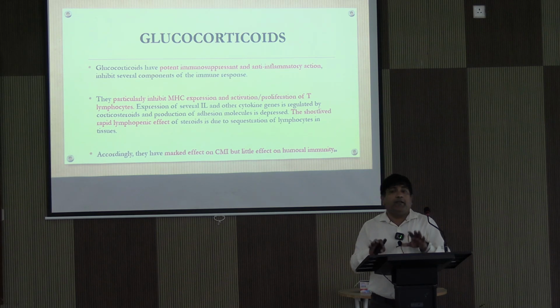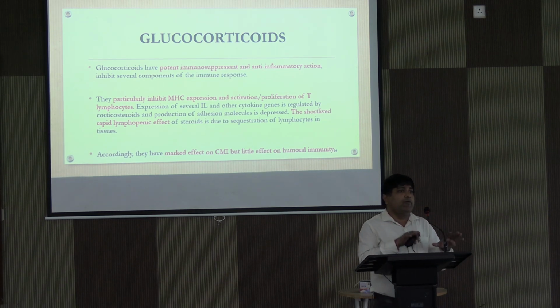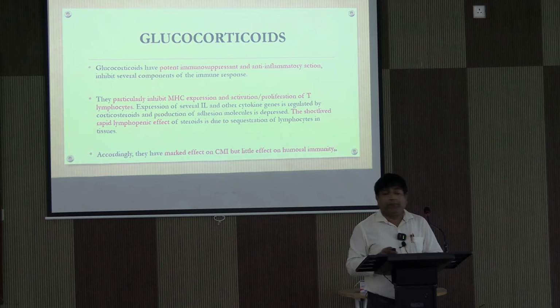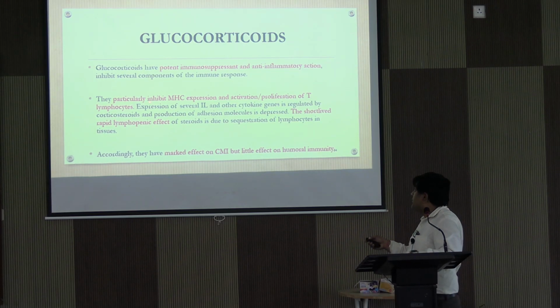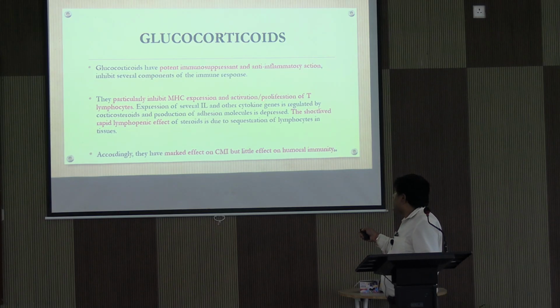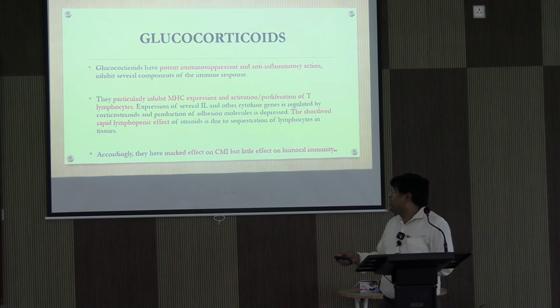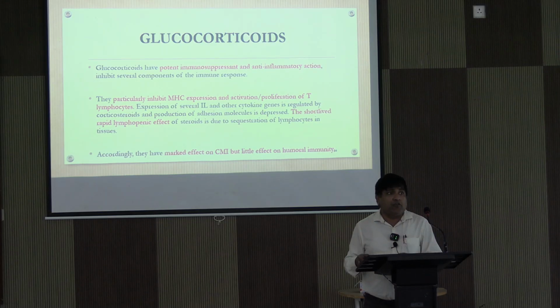Glucocorticoid has a prominent immunosuppressant action and also is a potent anti-inflammatory drug. They inhibit the immune system at various steps. They inhibit the MHC expression. They inhibit the activation or proliferation of T lymphocytes. Expression of several interleukin and other cytokine genes is regulated by corticosteroids.